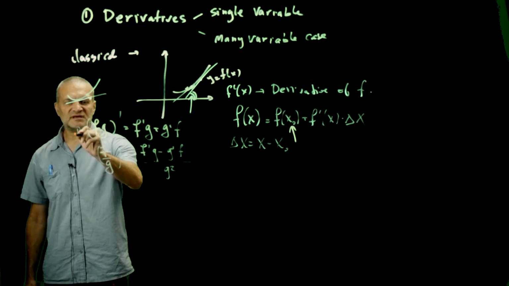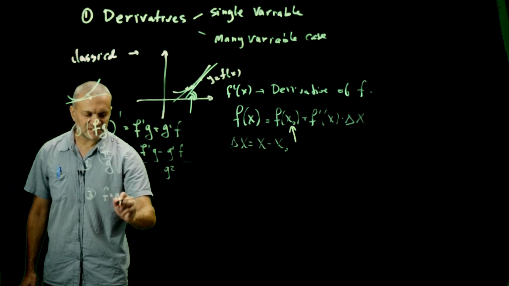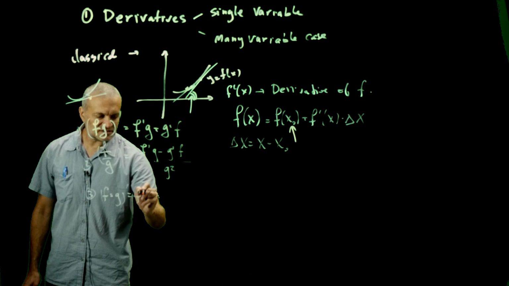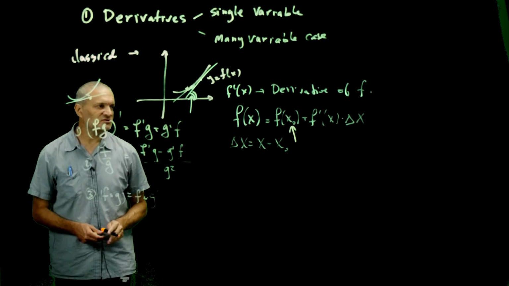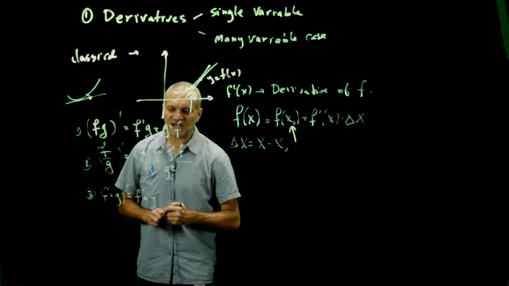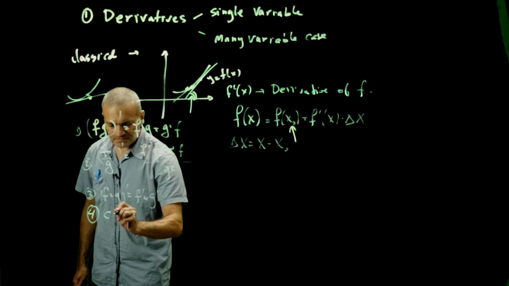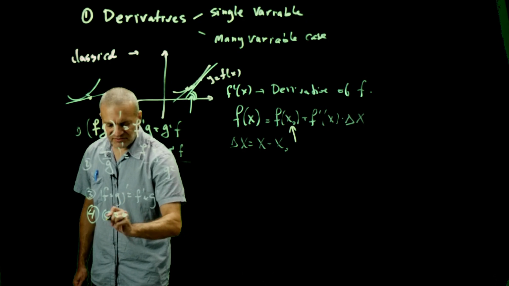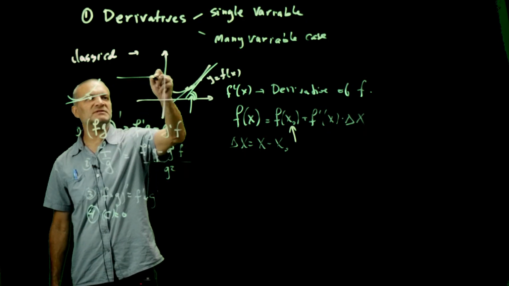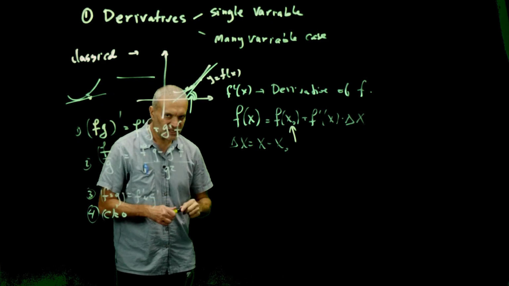Okay, so these are the first two rules, and the third rule, of course, is that the derivative of the sum is the sum of the derivatives. And you also know that the derivative of a constant is going to be 0, because the line is tangent to itself. Okay?